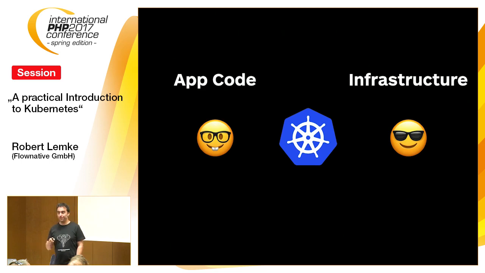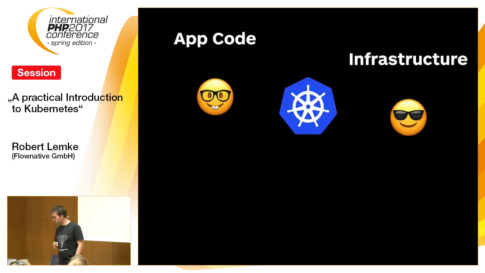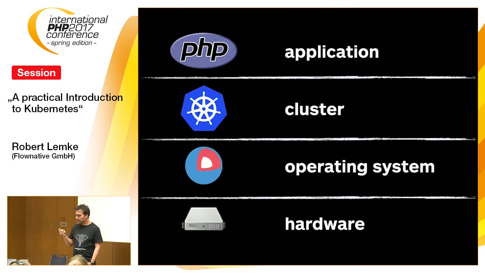Okay, so that wasn't very practical. I promised that I would be practical. Your application runs in a cluster, and the cluster consists of multiple machines which need an operating system, but that operating system doesn't need to do very much. In fact, it would be good if it doesn't do anything at all besides running Docker, right?